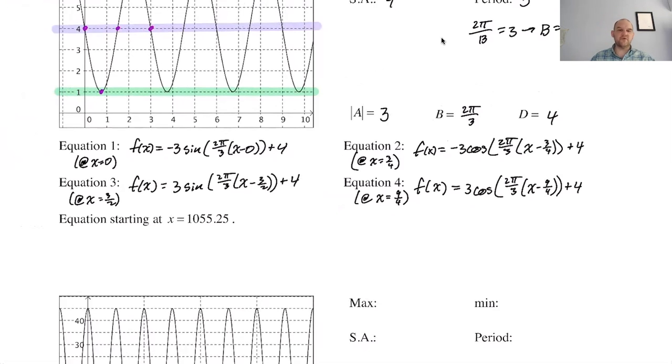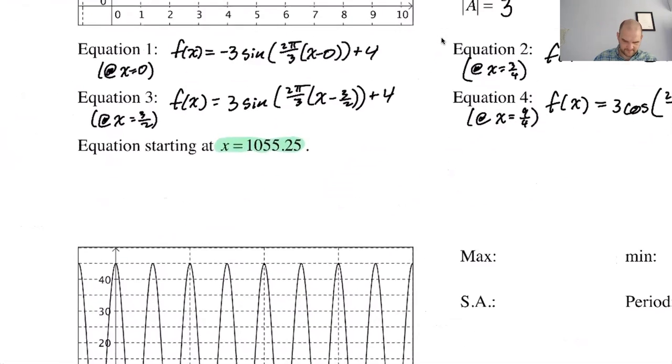The next question that we want to answer is, what if we started here? If we start there, this question really boils down to, what is that coterminal to?